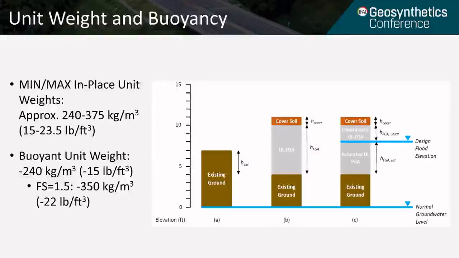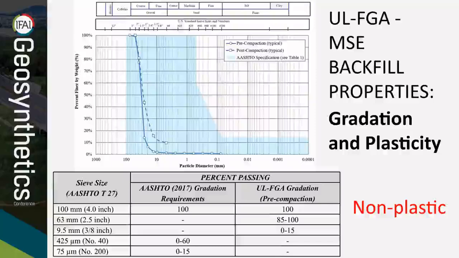The next properties that I'd like to talk about are gradation and plasticity. So for the gradation requirements put forth by AASHTO, you can see those in the table, as well as the light blue shaded area on the figure. There have been grain size distributions completed on both pre-compacted and post-compacted foam glass aggregate.